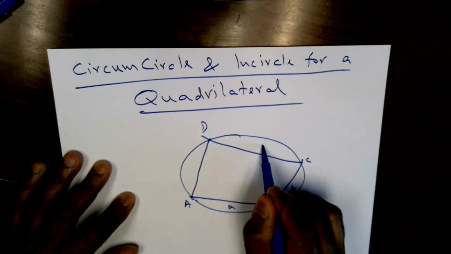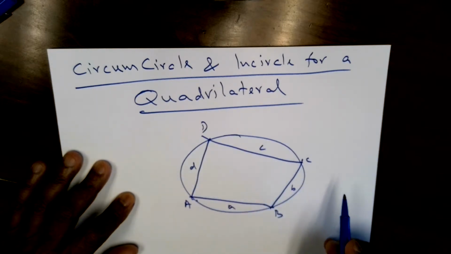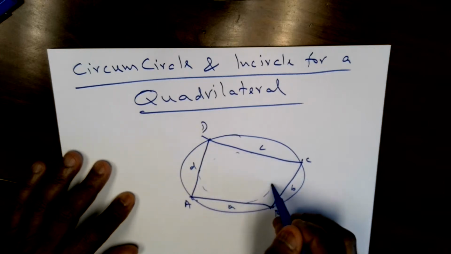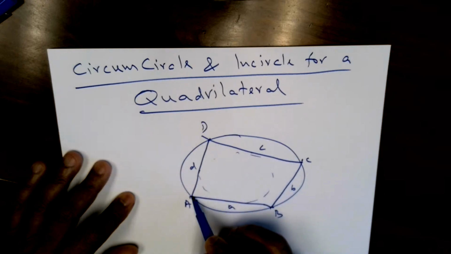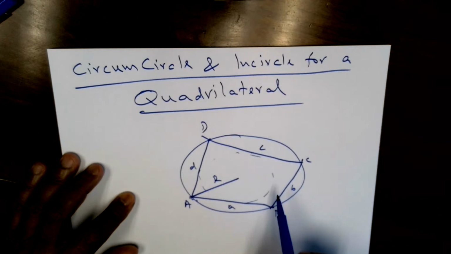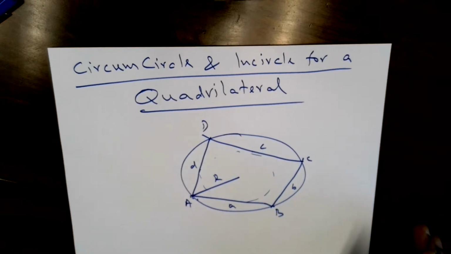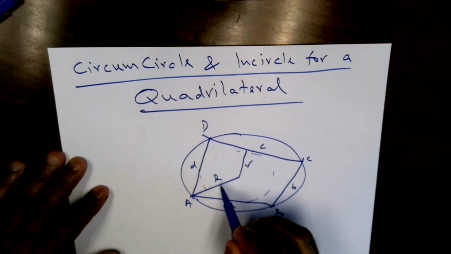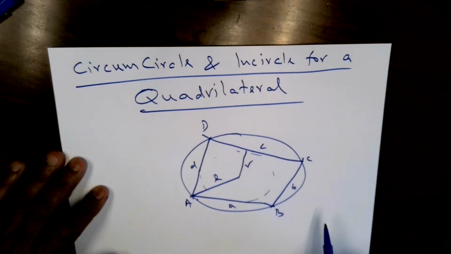The question is the necessary and sufficient conditions for drawing two such circles, the circumcircle and the incircle, and how to find the formulas for these radii in terms of A, B, C, D.